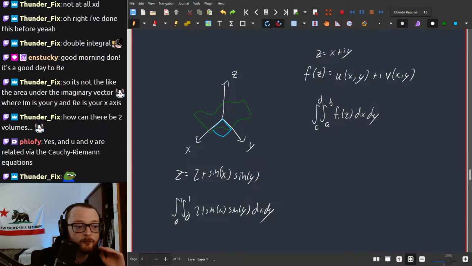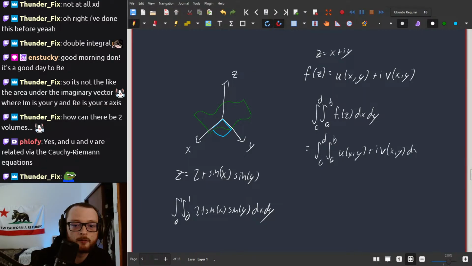But if you were for some reason interested, you could always use this version of f and then use integral properties to split it up into two separate integrals.